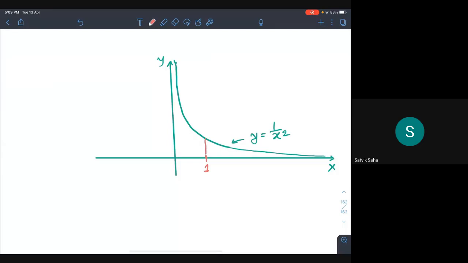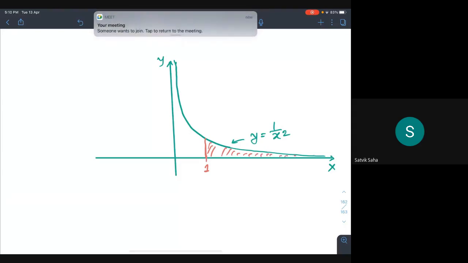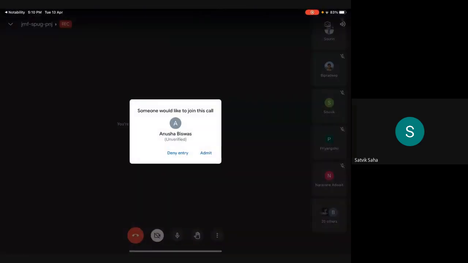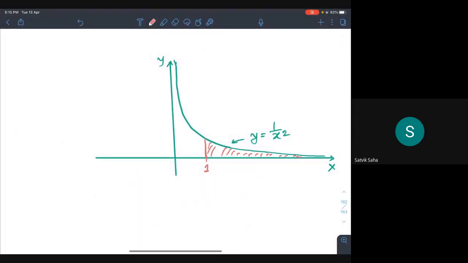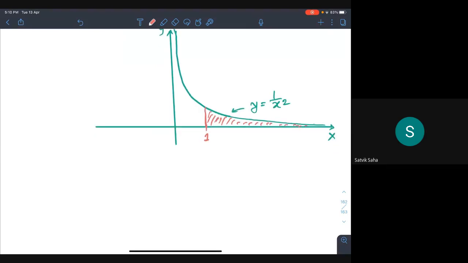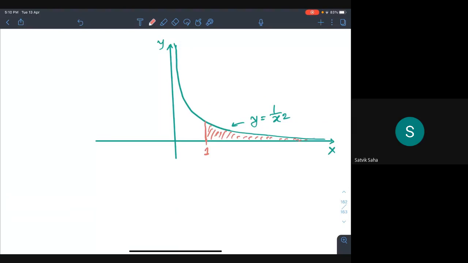Now suppose you want to find this area. You want to find this area. So how do you find this? Right? So this is the question. So this side it is going towards infinity and we start from 1.